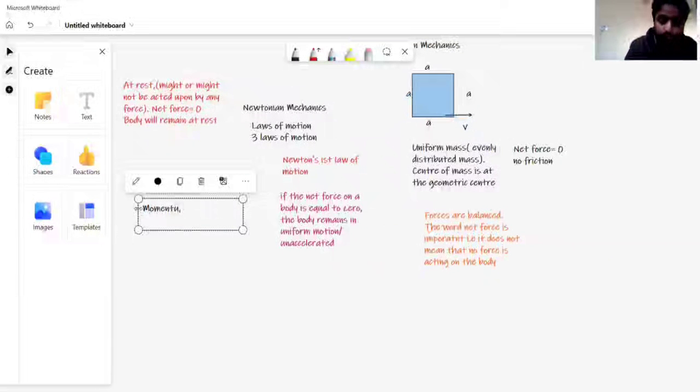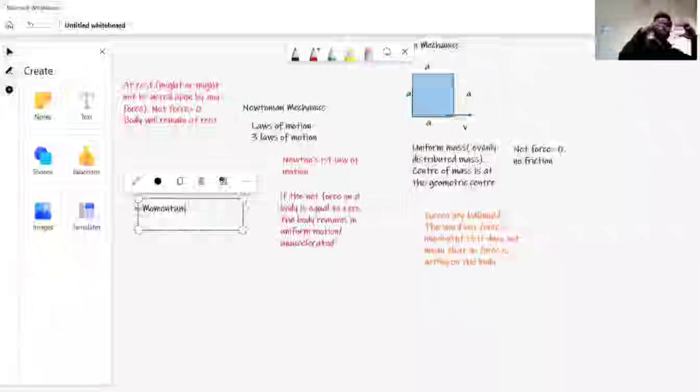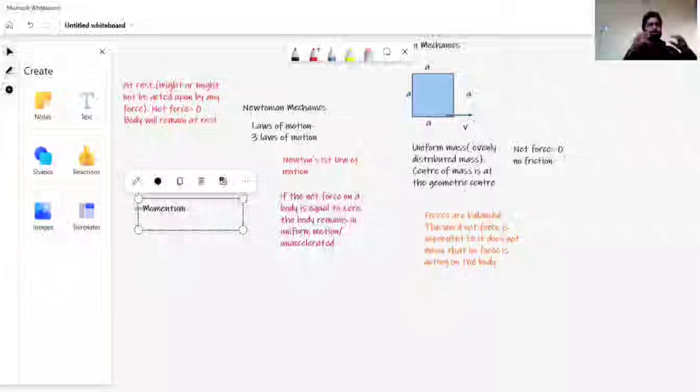Whenever you come across this term, everyone gets confused. Then there is conservation, then there is impulse, then there is jerk, and something else. So Newton's second law is always a confusion for students. Once you're clear on these things, what does momentum mean?